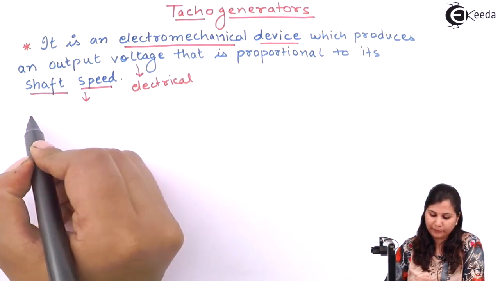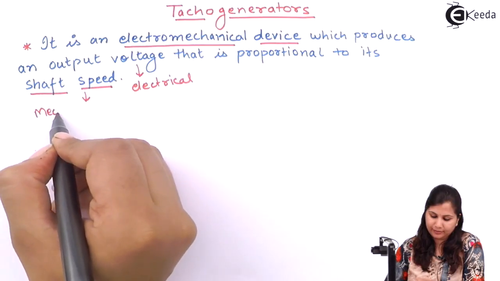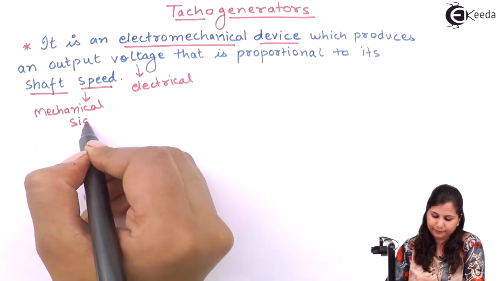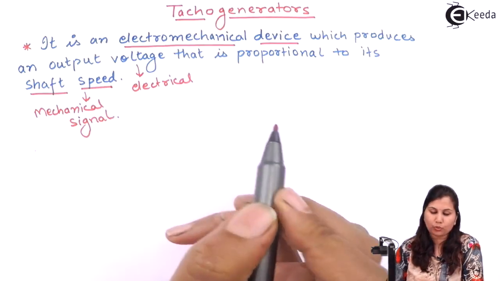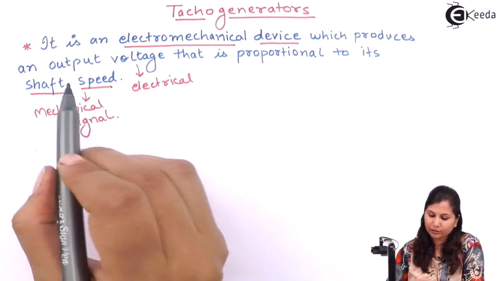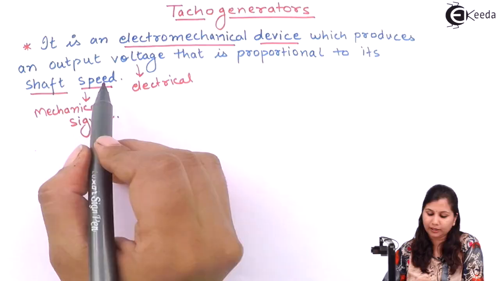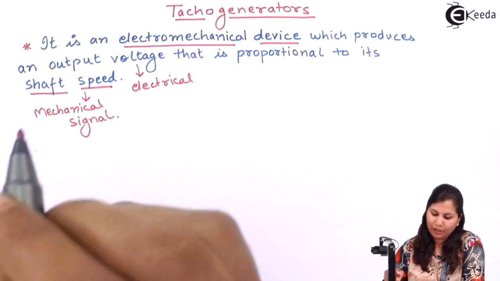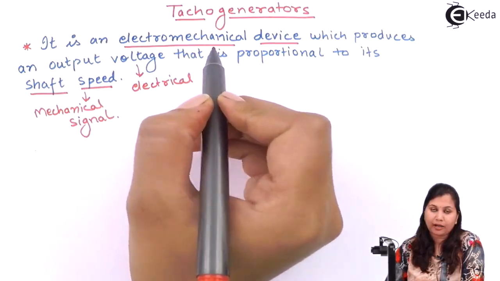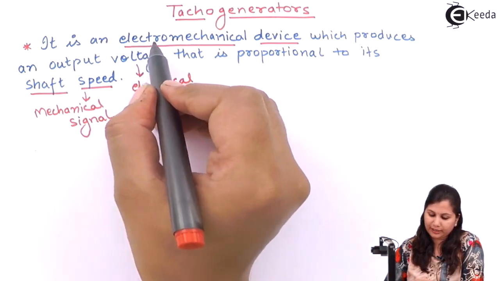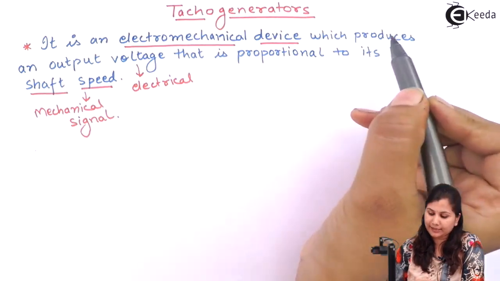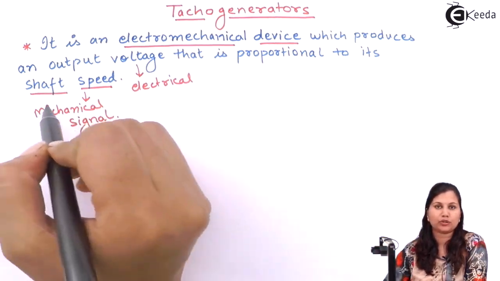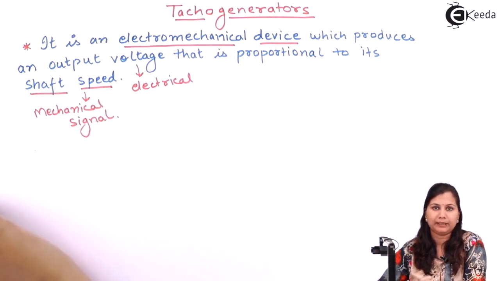So speed will be the mechanical signal. What it is basically doing is converting the shaft speed in a proportional way into a voltage. Okay, so you have understood its definition: it's an electromechanical device which produces an output voltage, and the output voltage is proportional to the shaft speed.